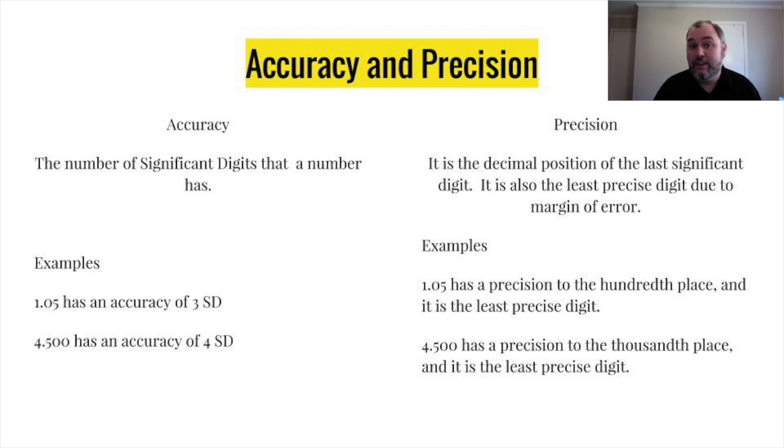All right, let's look at the next number, 4.500. All right, the last significant digit is the final zero of the number, and that is in the thousandths place. And because it is the last significant number, it's also the least precise.